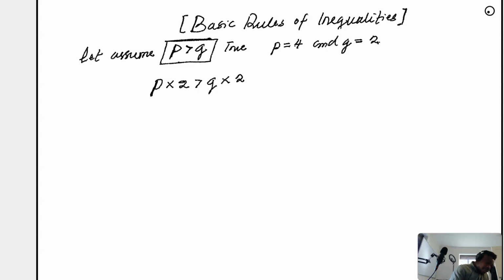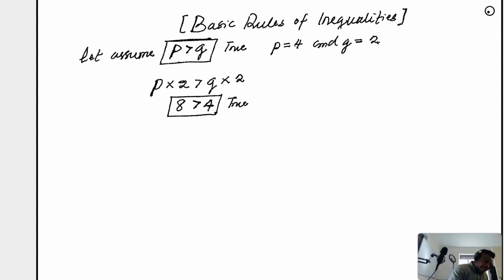P is 4. 4 times 2, that is 8. So this side will be 8. Q is 2. 2 times 2, 4. This side will be 4. So 8 is still greater than 4, which makes that statement true. So it simply means when you multiply both sides of an inequality by a positive value or quantity, that inequality still remains the same.